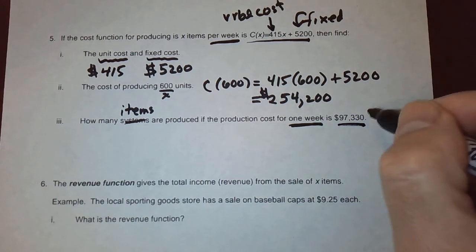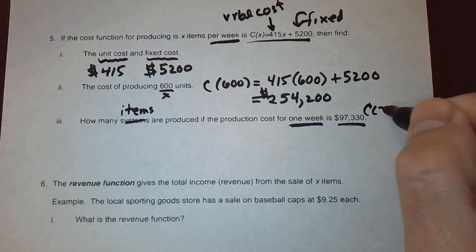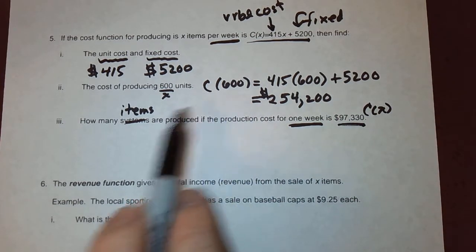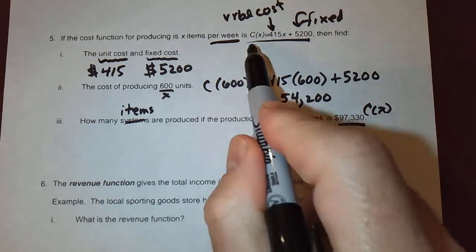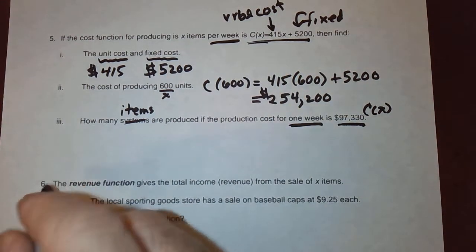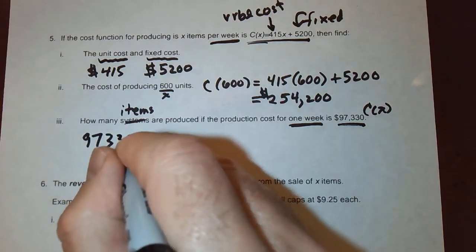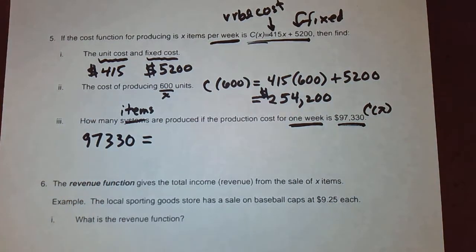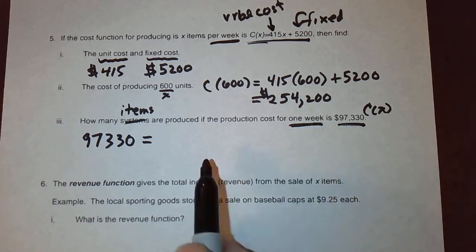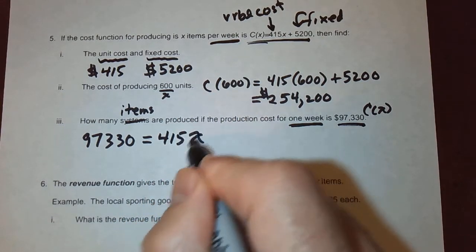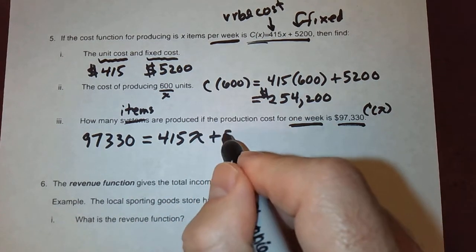Well, this is going to be our C of x. That number right there. And we're just going to use the same formula we used right up here. So we get 97,330. That's the C of x, the cost. They're giving us that. So that's going to be equal to 415 times x plus 5,200.